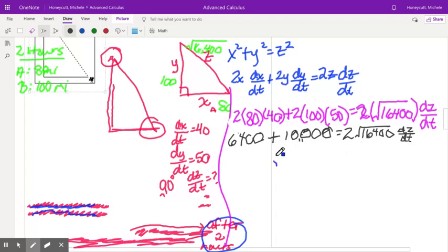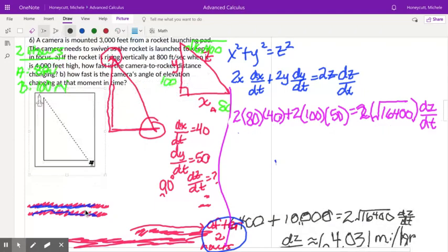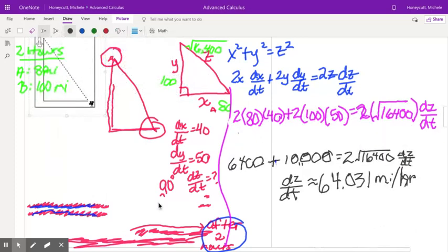That'll make dz/dt approximately 64.031 miles per hour. Every hour, the two cars are getting about 64 miles further apart.